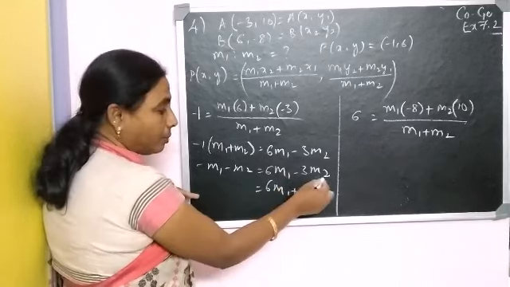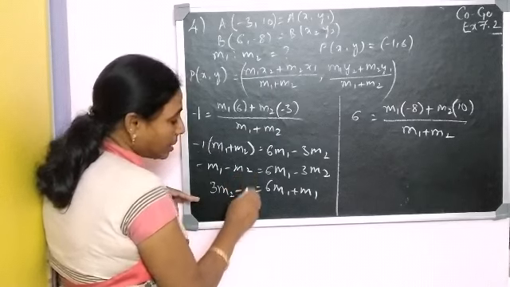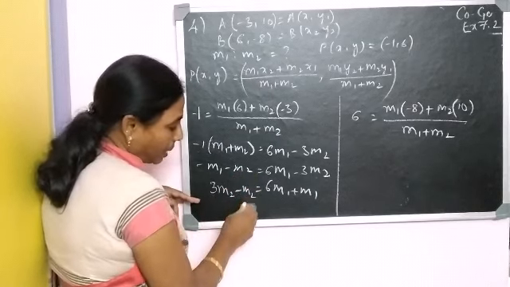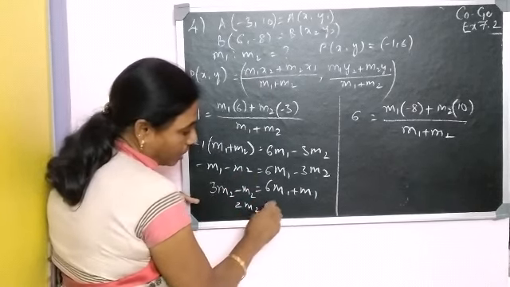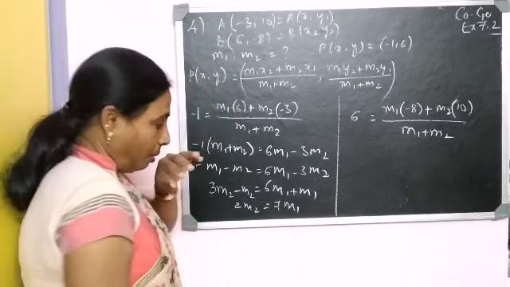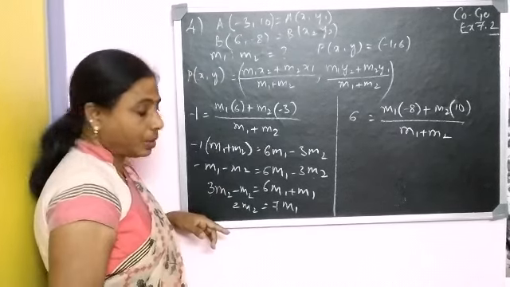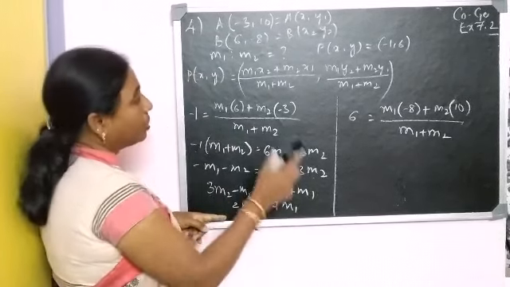Here it is minus 3m2. Bring it to the other side, plus 3m2. And this is minus m2. So 3 minus 1 is 2m2. 2m2 is equal to 6 plus 1, which is 7m1.